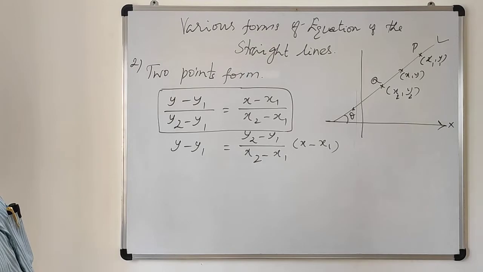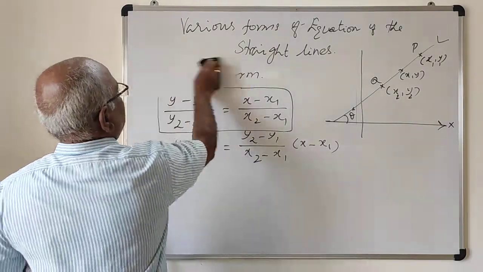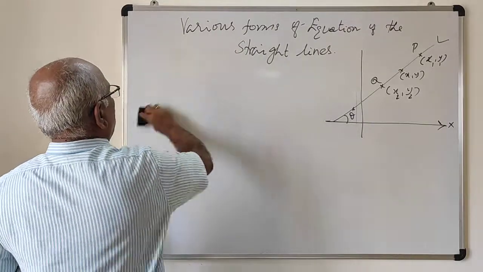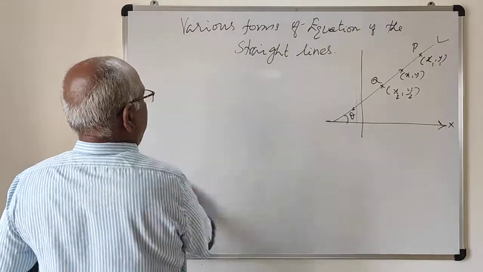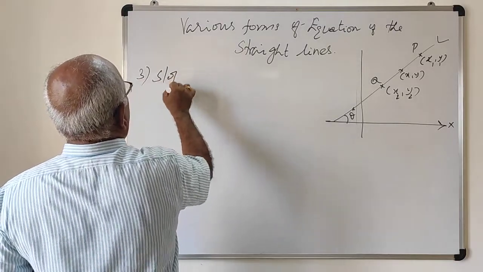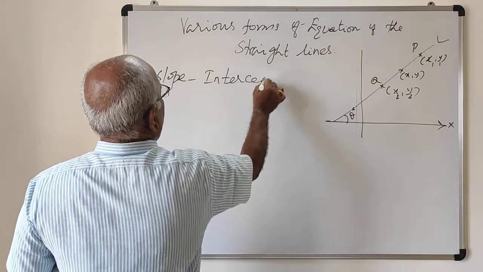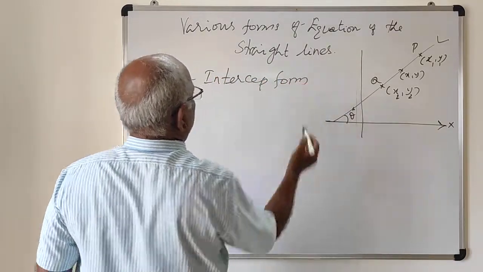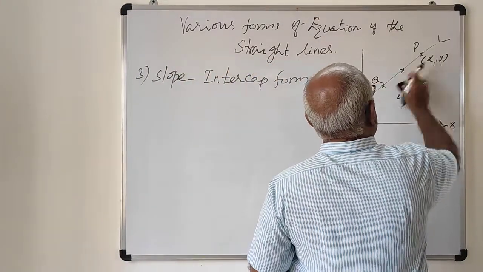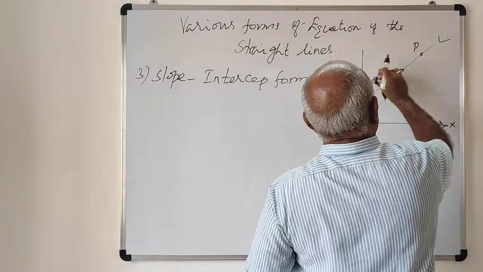Next, the third one, slope intercept form. L is the line given.